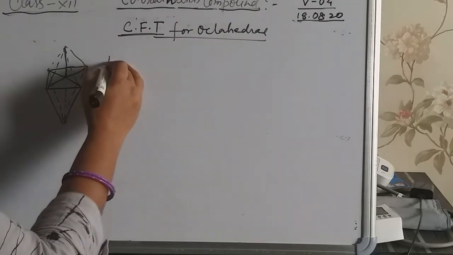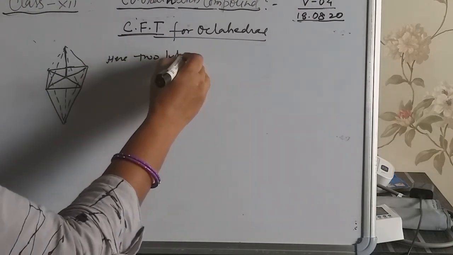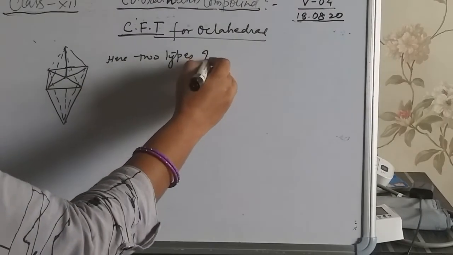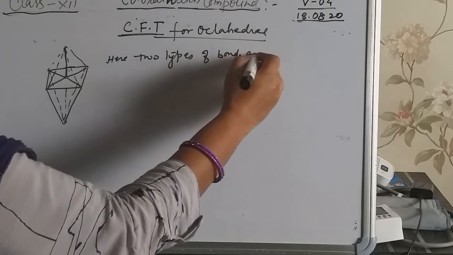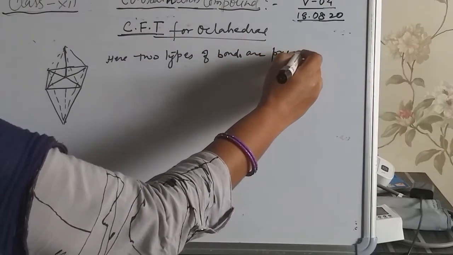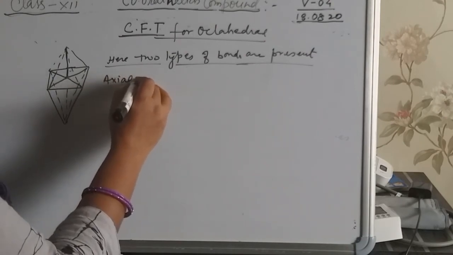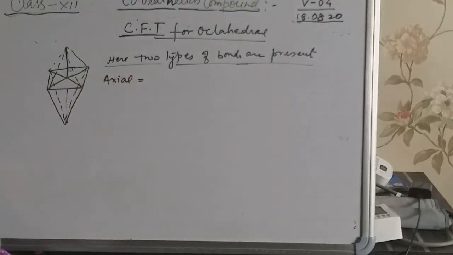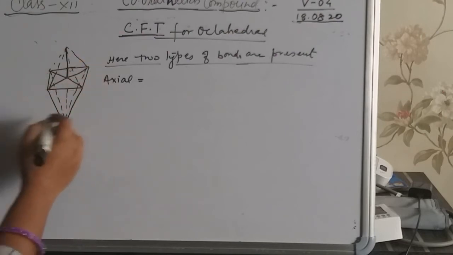So students, here two types of bonds are present. Two types of bonds are present. First we call axial and this is called the axial bond, this is called the equatorial bond.